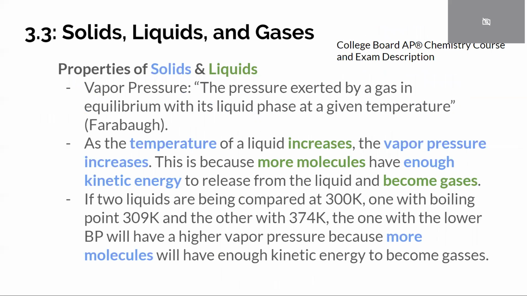I'm going back to chapter 3.3 to relate these topics together. We talked about vapor pressure, which is the pressure exerted by a gas in equilibrium with its liquid phase at a given temperature. We said as the temperature of a liquid increases, the vapor pressure increases. This is because more molecules have enough kinetic energy to release from the liquid and become gases.